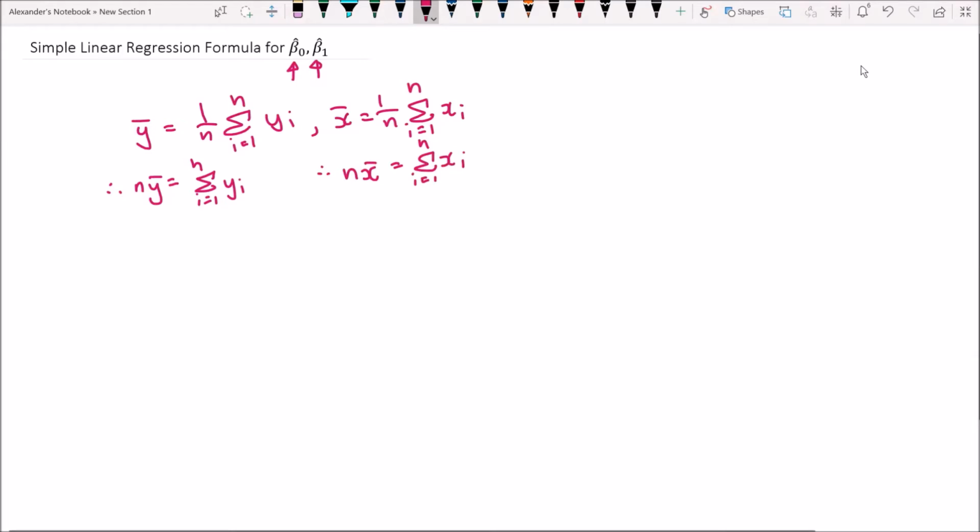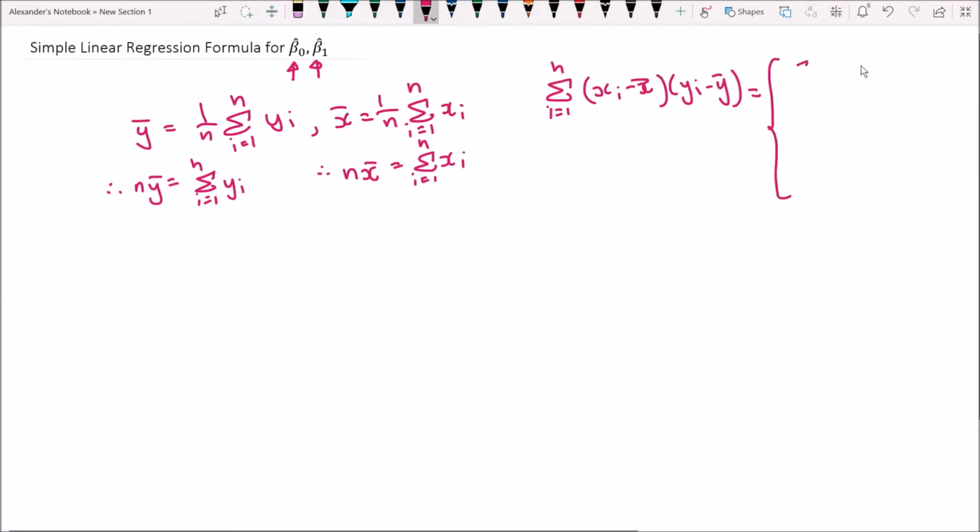Okay, now there are some important results that we need to know using the summation operator. One of the first of them is that the summation from i equals 1 to n of (xi minus x bar) times (yi minus y bar) can also be written in any of the following three forms.